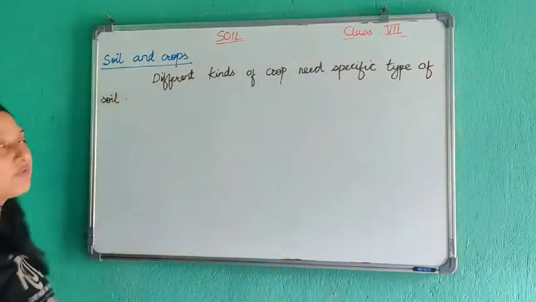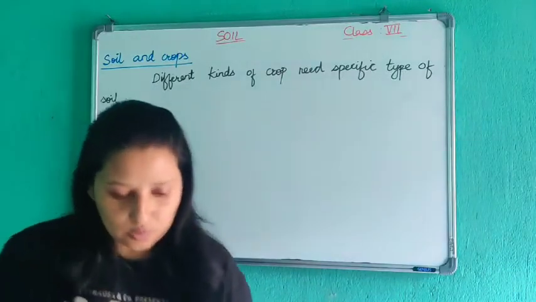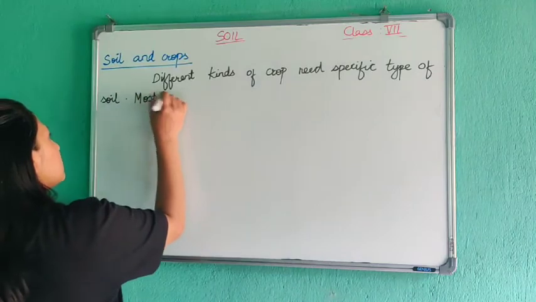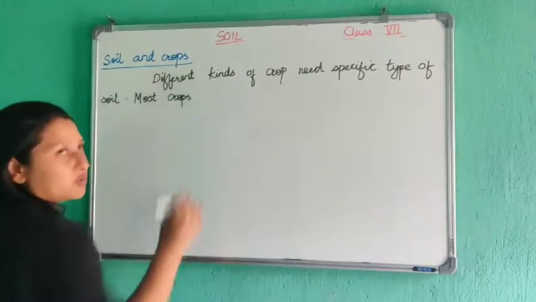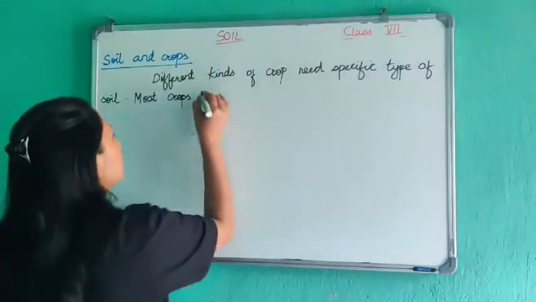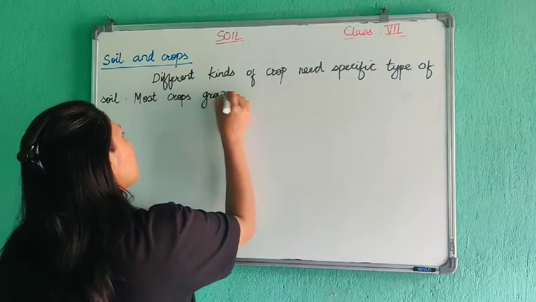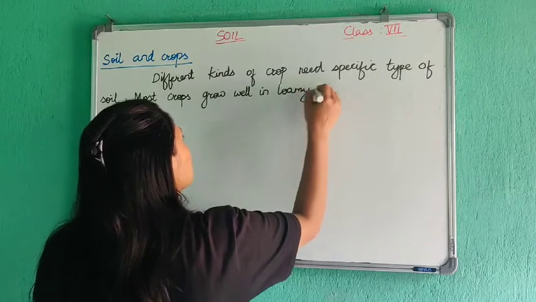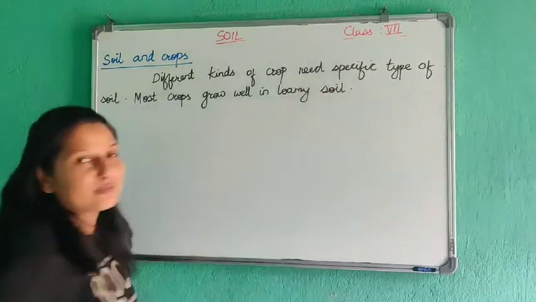All crops grow very well in loamy soil, but loamy soil is not found everywhere, right? We studied that loamy soil is the best soil for growing crops. So most crops grow well in loamy soil. But loamy soil is not found everywhere.